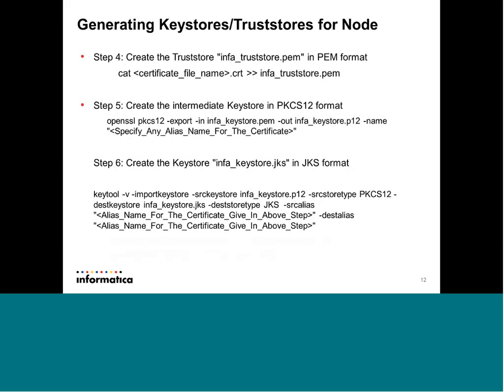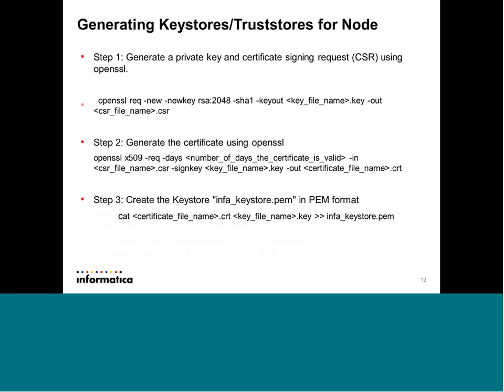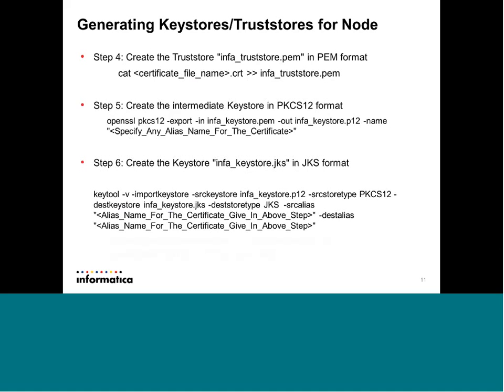Now the fourth step is to generate the trust store. As I said before, the trust store will only have the certificate, and will not have the private keys. If you see the difference between step 3 for creating the key store and step 4 for creating the trust store, in step 4 I'm not sending the private key to the trust store.